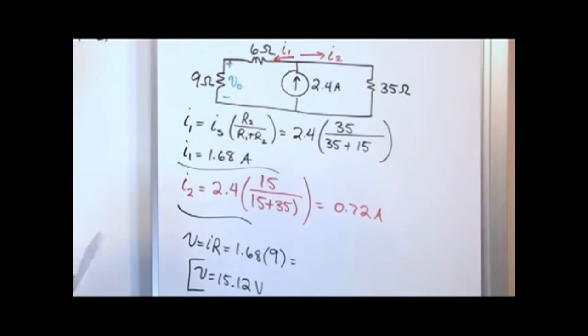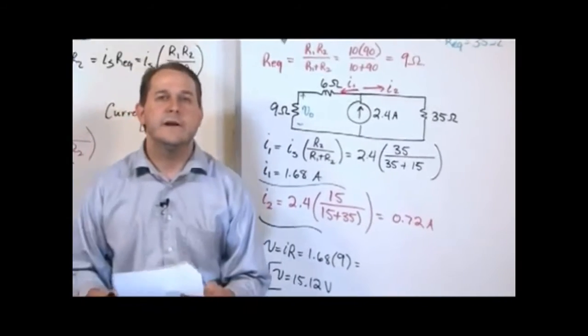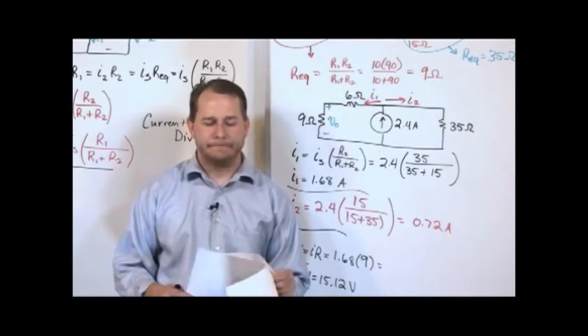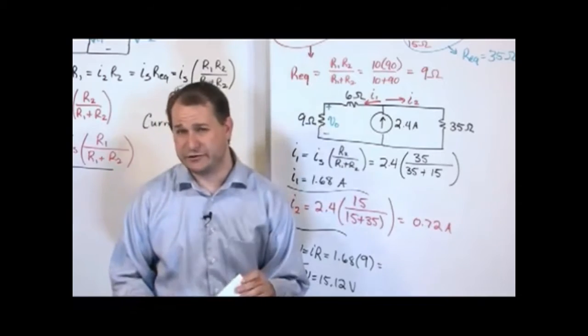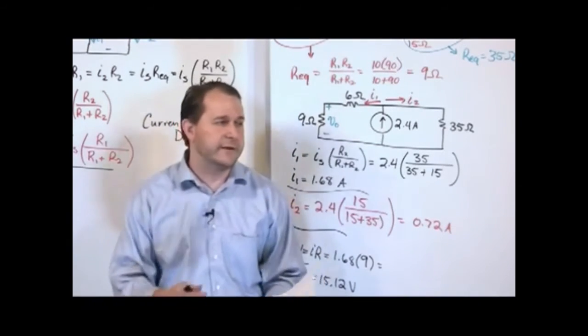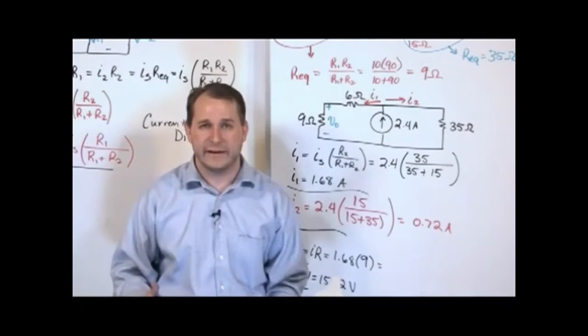And that's basically it. So, current dividers, they're used some, but since current sources are not really something you typically buy off the shelf and use, there is a use for a current source, don't get me wrong, but usually things are powered by batteries or voltage sources or things like that.